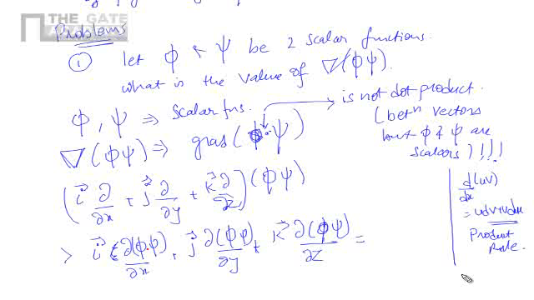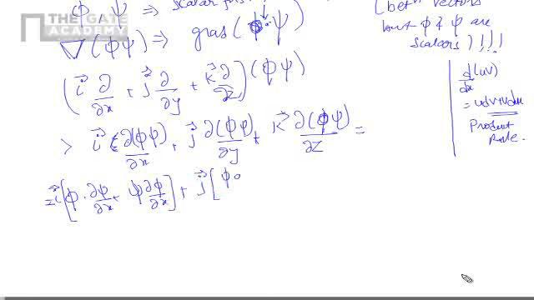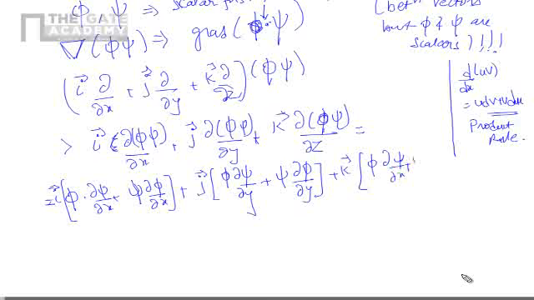So this can be written as: I vector outside, phi times dou psi by dou x plus psi times dou phi by dou x, plus j vector, phi times dou psi by dou y plus psi times dou phi by dou y, plus k vector, phi times dou psi by dou z plus psi times dou phi by dou z.